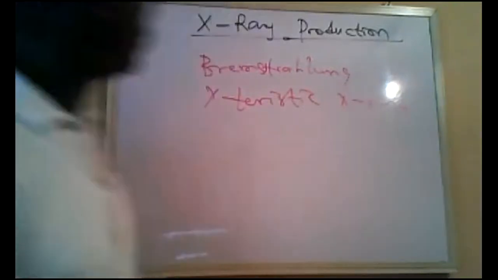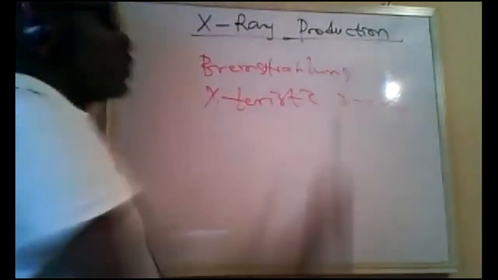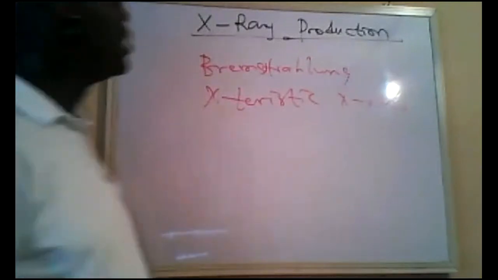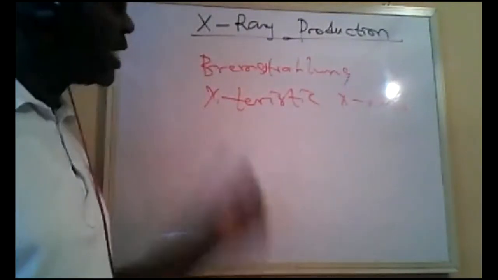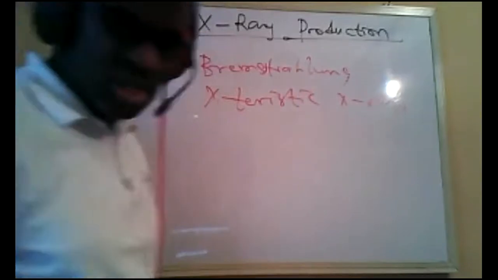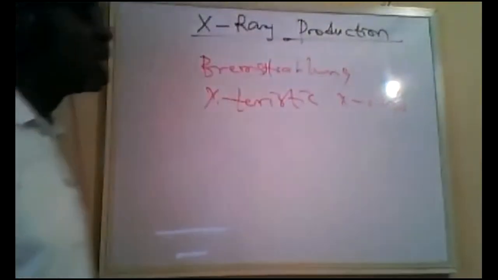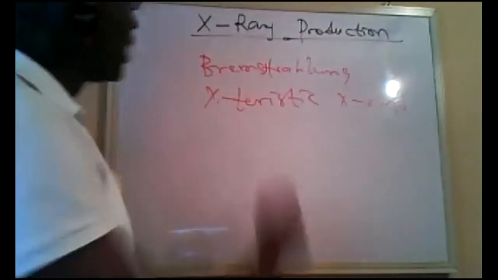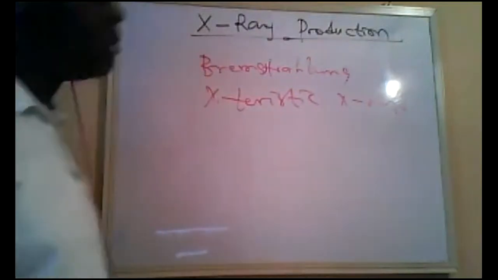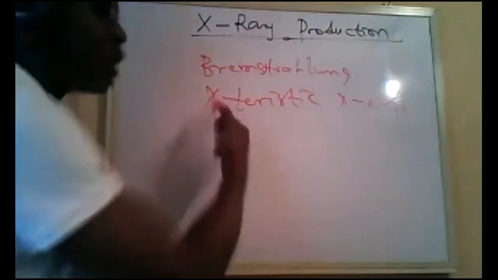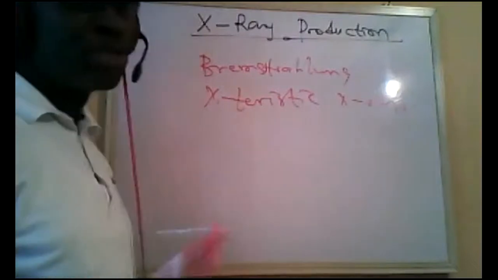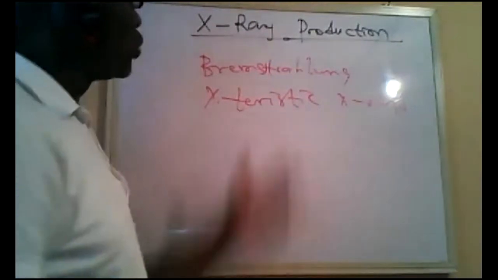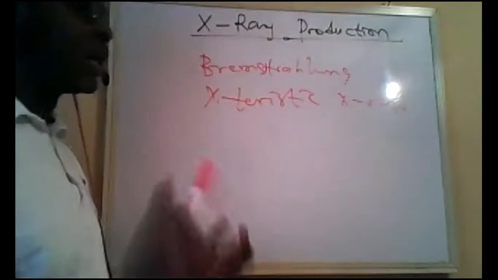I want to first of all look at the Bremsstrahlung, which is the major component of X-ray. It has say more than 95 or even 98% of an X-ray spectrum that we use in X-ray, while the characteristic is just a little amount. Of course, when we come to mammography, we make sure we try to increase the portion of the characteristic X-ray.